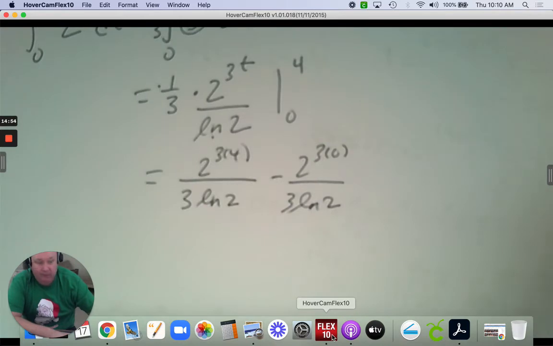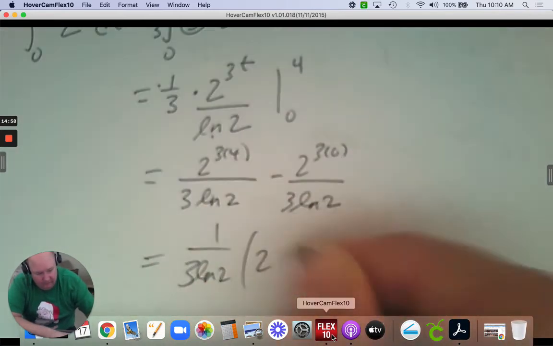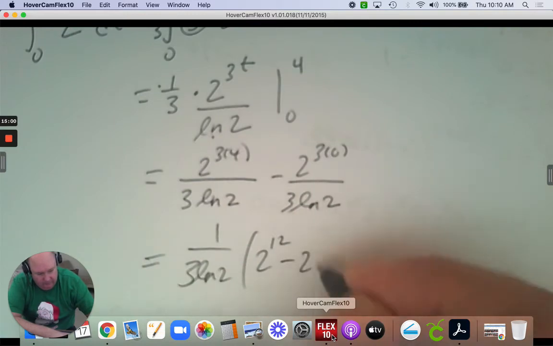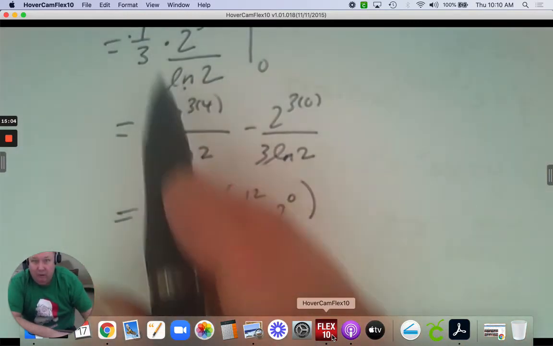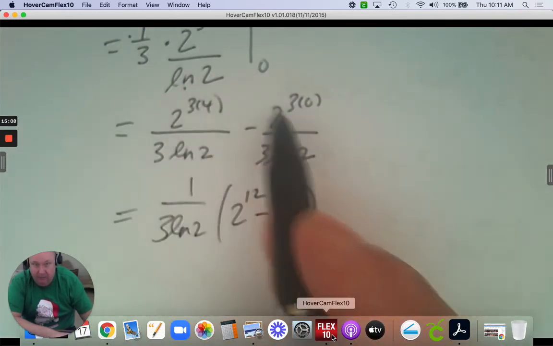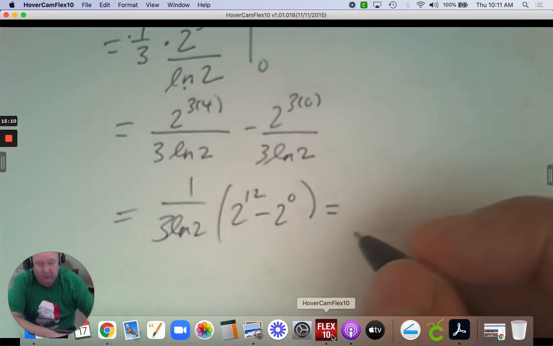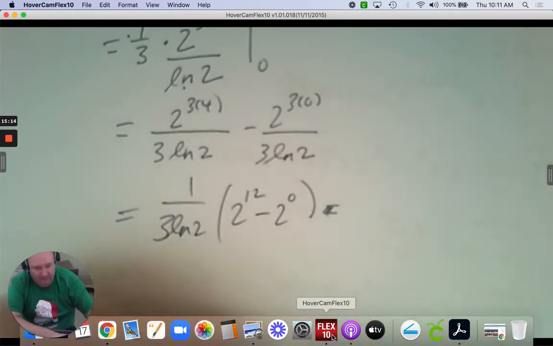You could also write the answer like this. So you could write down 1 over 3 ln 2 in front, and then plug in the upper bound, lower bound. I don't feel like simplifying 2 to the 12, so that's a great answer right there. Number 16.